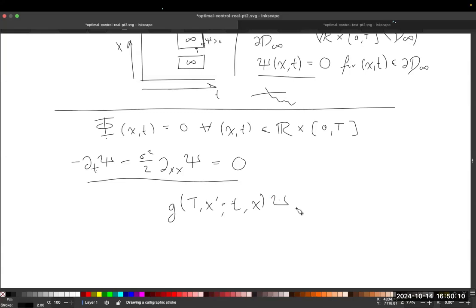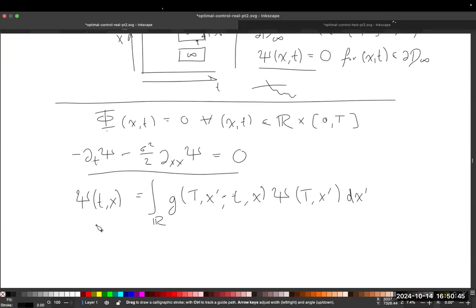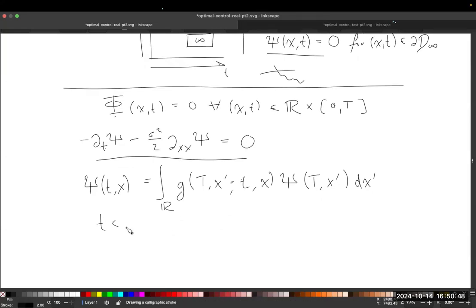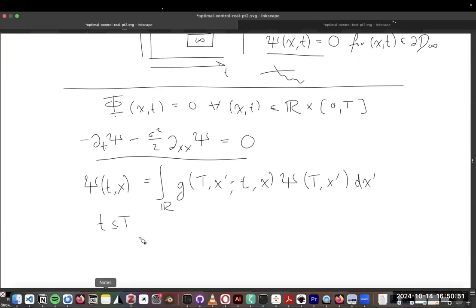So we have our psi(T, x prime), and we're doing this integral transform with respect to the kernel G, which is our Green's function, in order to propagate our terminal data psi backwards. So over the reals, this is going to be equal to our psi(t, x) for some t that is less than T.